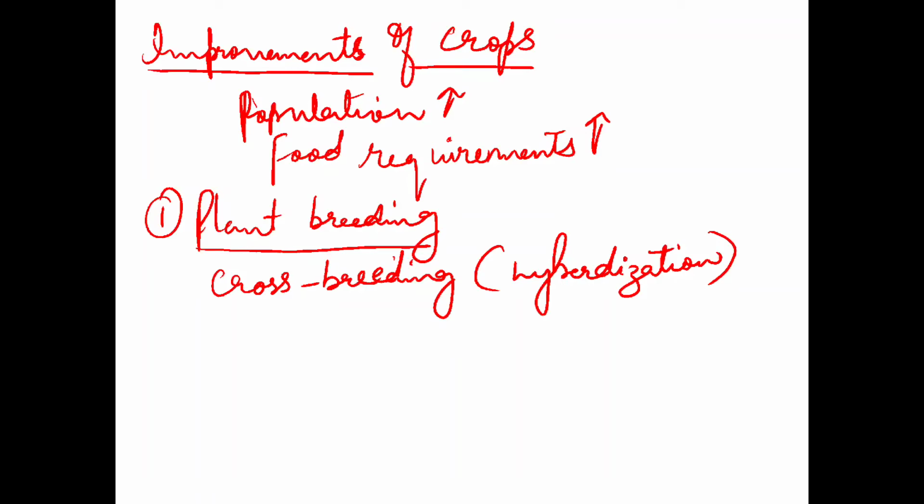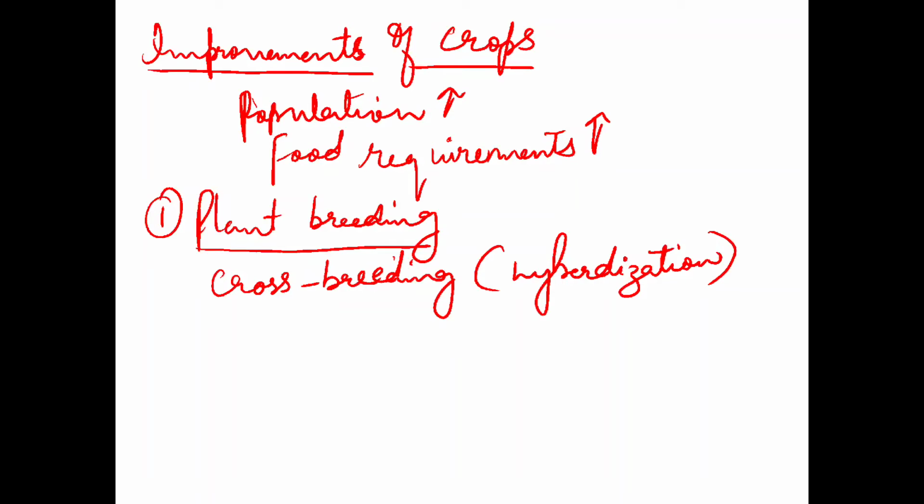For example, the anthers of one plant are removed by a forceps before they mature and produce pollen grains. This is known as emasculation. Emasculation is the removal of anthers before maturity and production of pollen grains.